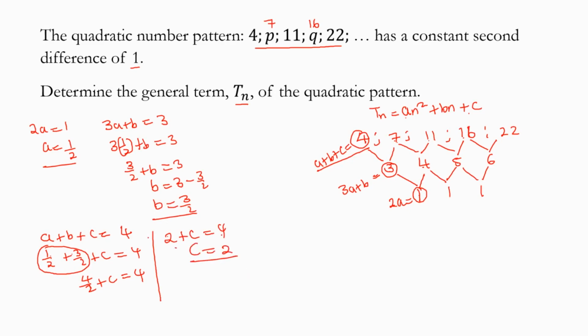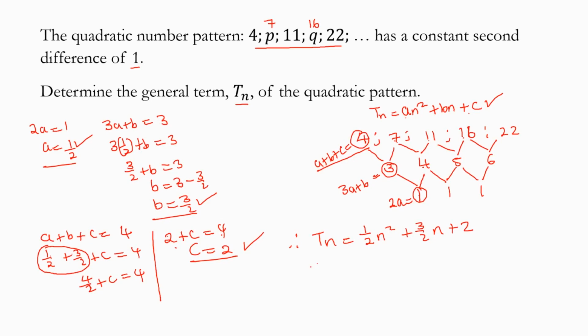Right, so we have our A, we have our B, we have our C. So we can substitute there and have our Tn. Therefore, the nth term Tn is equal to 1 over 2 n squared plus 3 over 2 n plus 2. Just check if your answer is correct. Substitute 1. Find T1 and T2.